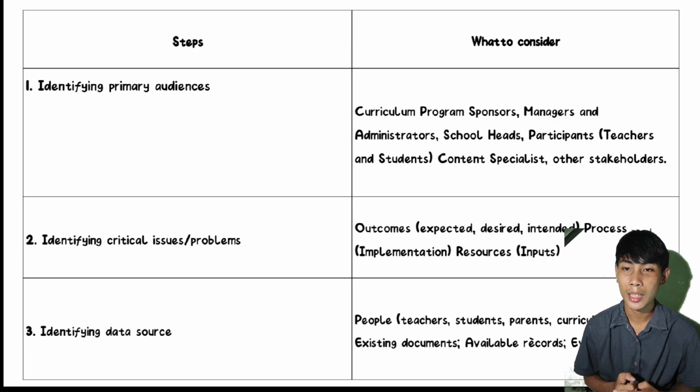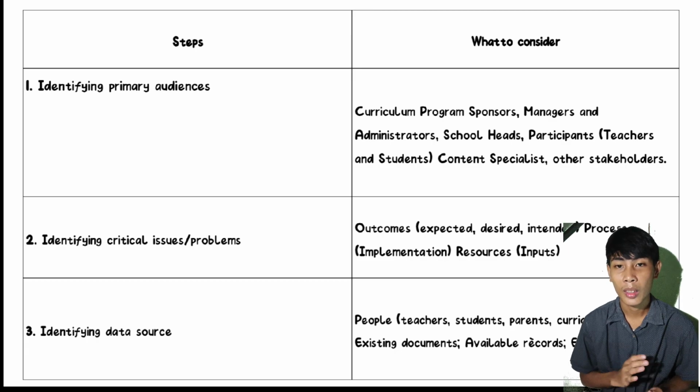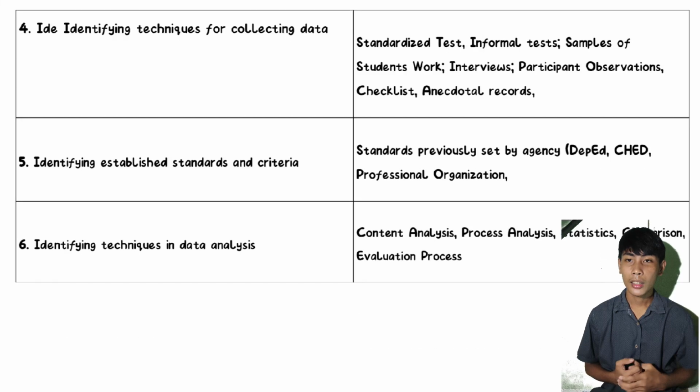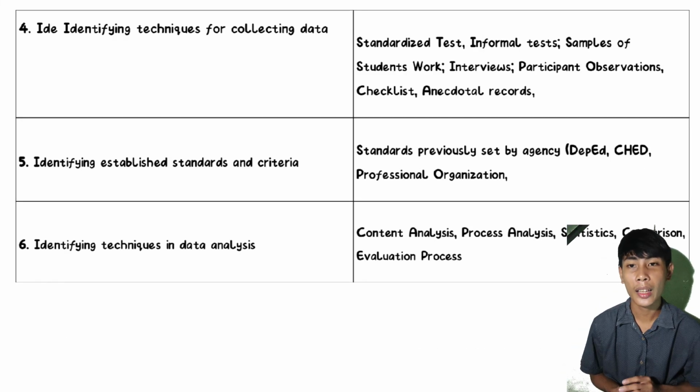The third step is identifying data source. What to consider? People like teachers, students, parents, curriculum developers, existing documents, available records, evaluation studies. The fourth is identifying techniques for collecting data. So what we need to consider?